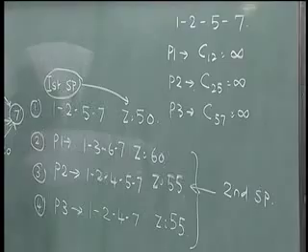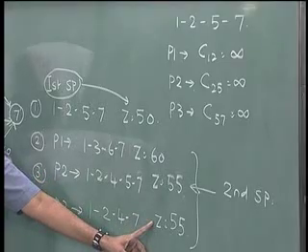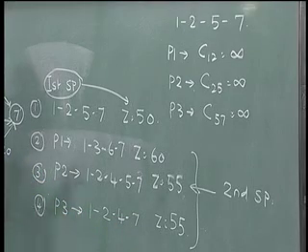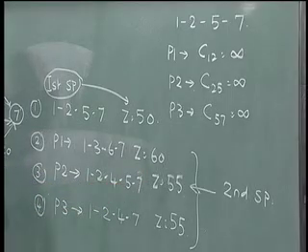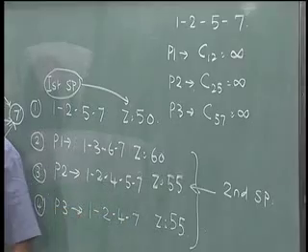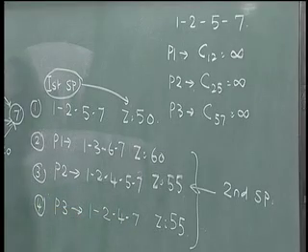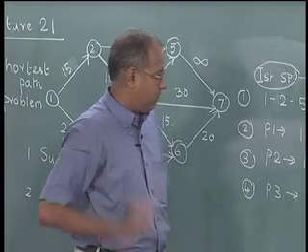So, we may say that this is the third shortest path with 55. We may also say, for example, that we have 2 second shortest paths both with 55, and therefore, we would be interested in the third shortest path, which has a value strictly greater than 55.